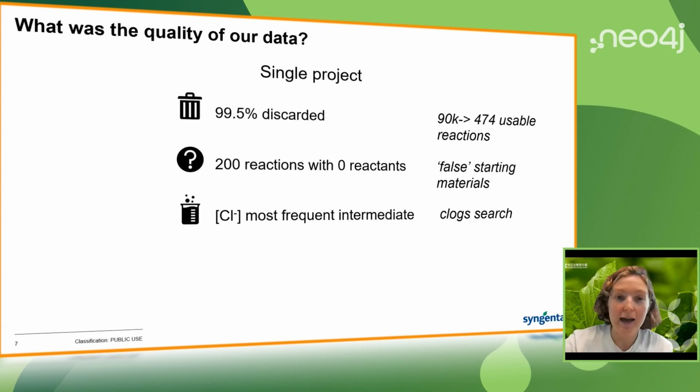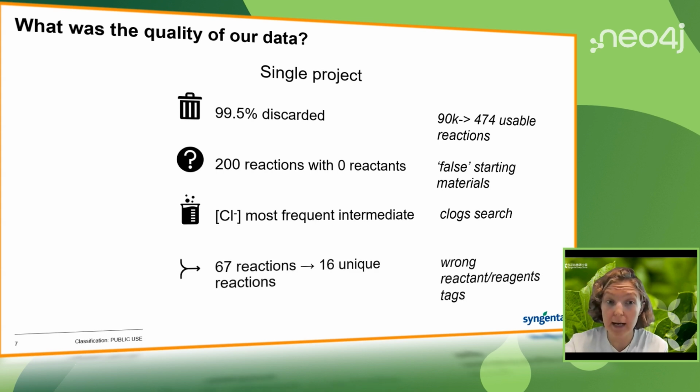It will be this guy. And it clogs all the searches, and it doesn't represent the chemistry that we are doing. So certainly this is something which has to be fixed. And after I did the role reassignment, 67 reactions collapsed into 16 unique reactions.